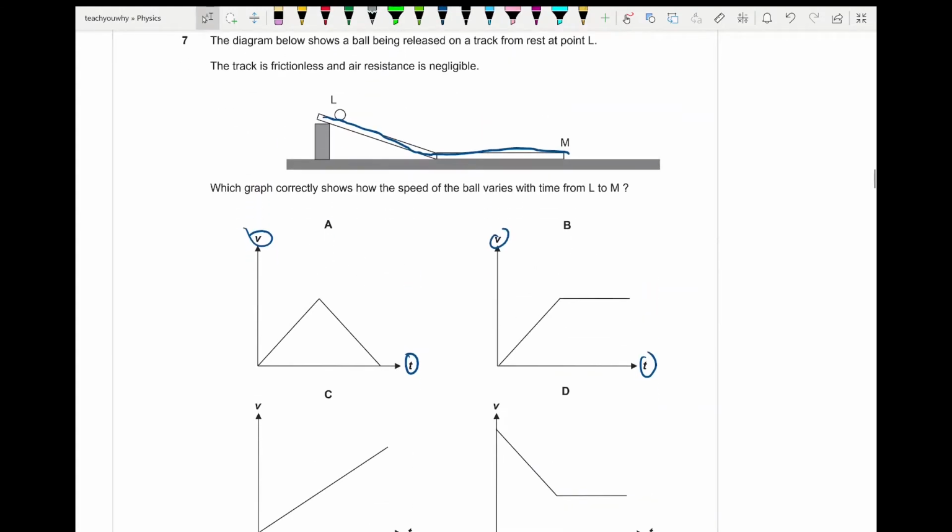So how will it be like? Quite obvious. From here to here, this green portion, it will accelerate, and then this is where it remains constant. There's no more acceleration, therefore the answer is B.